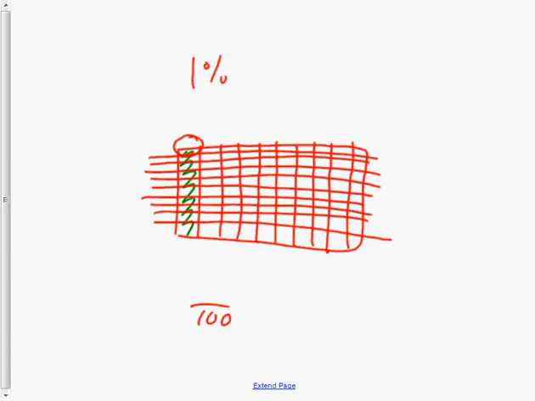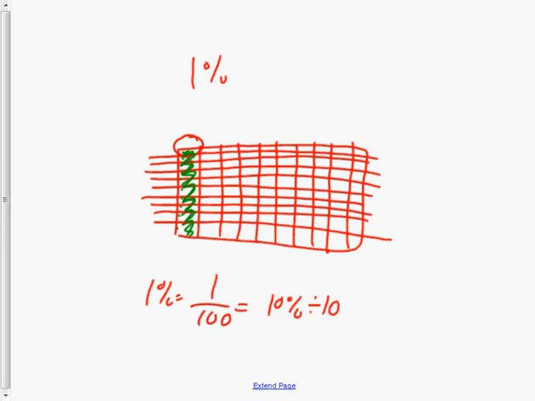So that is 10%. The green was 10%. And if I divide that into 10 equal parts, 1 part out of 100 would represent 1%. So really, 1% is this, which equals 10% divided by 10, or 10% of 10%.